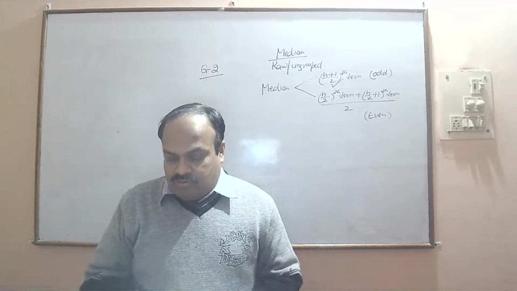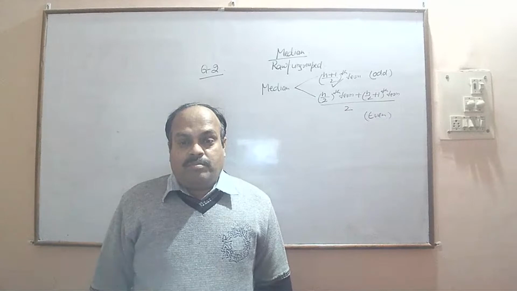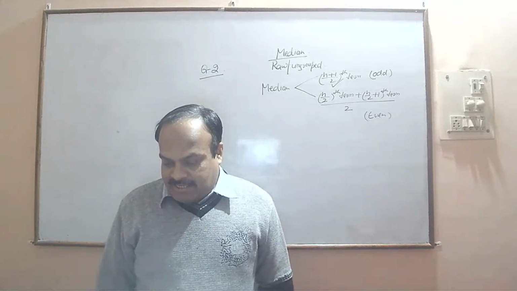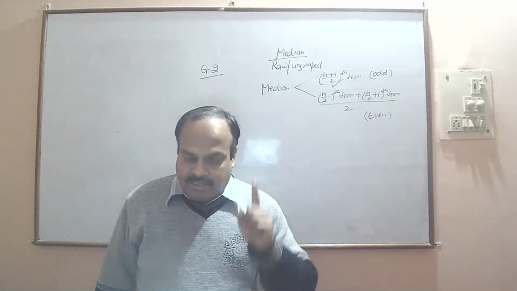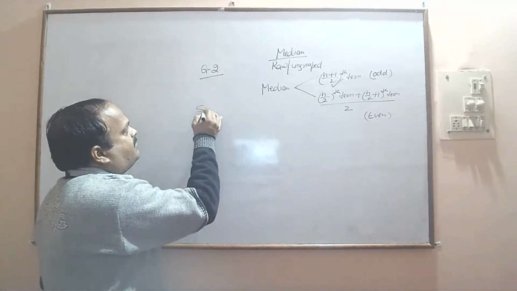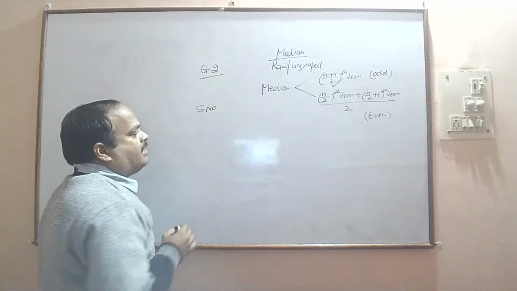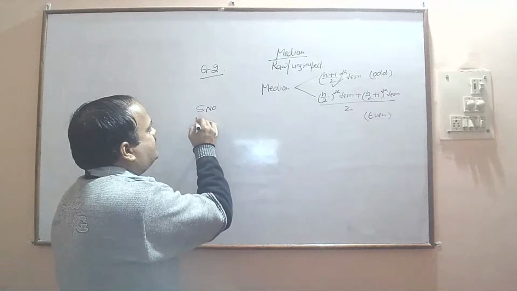If you don't go through question number 2 carefully, you will make a mistake. I just copy the question and I will ask you all. The first column is S number, I mean serial number, and the second is monthly income in rupees.